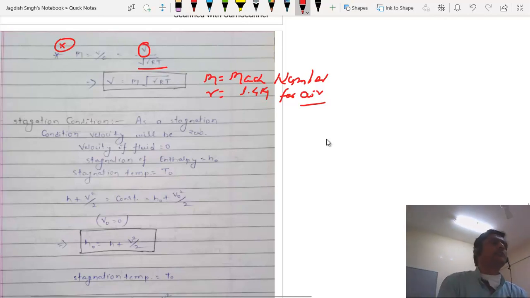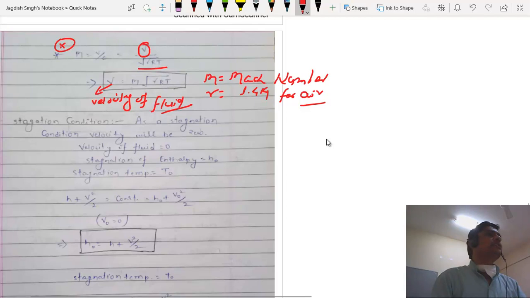So with the help of this, we get the velocity V of the fluid.